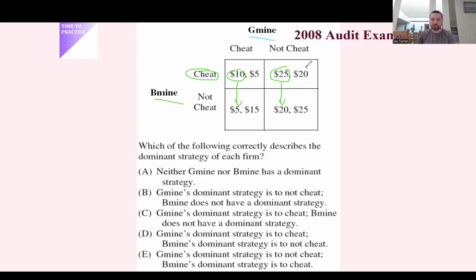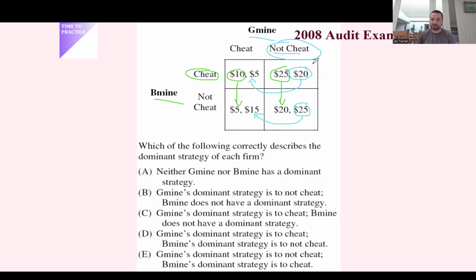So now we're comparing G mine, not cheat right here versus cheat. We've got to go this direction. So 20 is greater than 5, so they're not going to cheat. And then 25 is greater than 15, so they're not going to cheat. So G mine's dominant strategy is not to cheat. B mine's dominant strategy is to cheat.